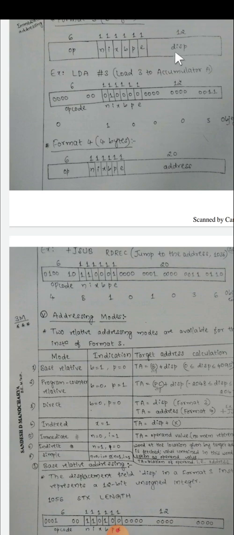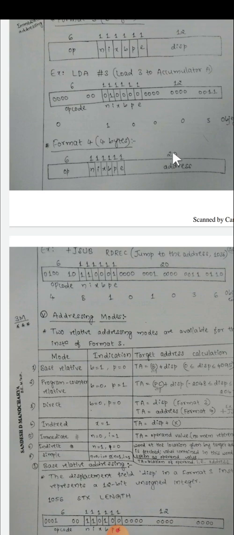Try to differentiate between this one and this one, and don't get confused. This is a displacement, which is similar to our memory or address, and here it is exclusively and clearly an address. Here displacement is of length 12 bits, and here address is of length 20 bits.